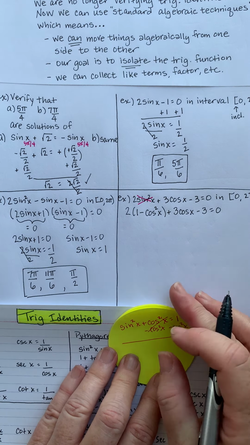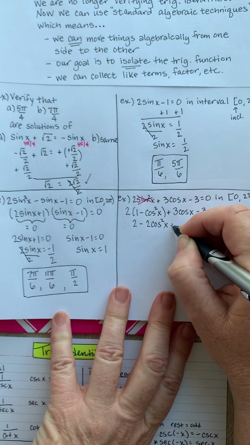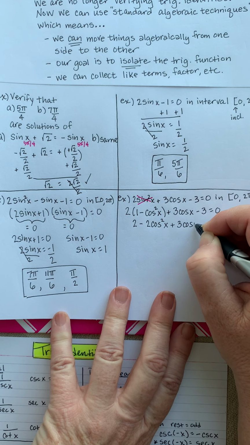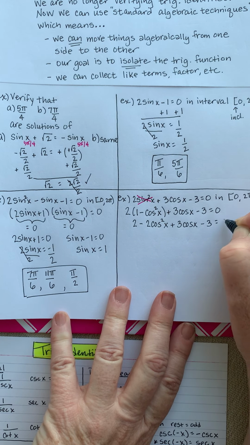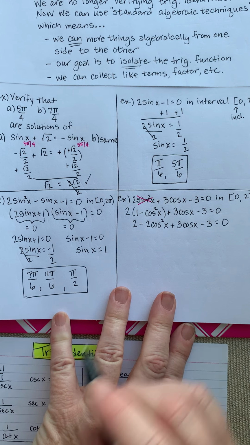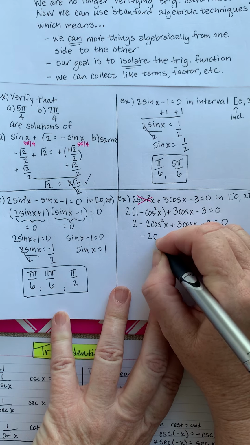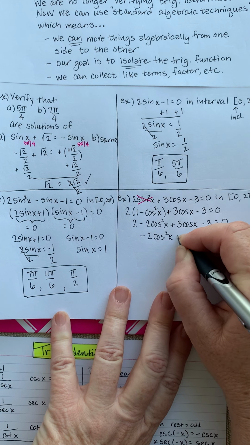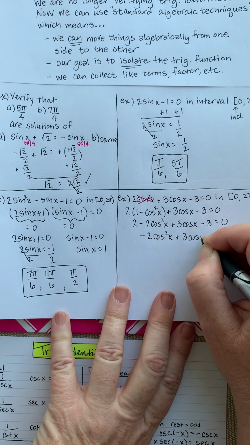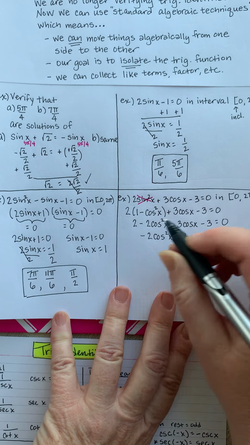Now I'm going to act like this is algebra, and I'm going to simplify this side. I'm going to distribute this 2. I'm going to combine like terms. Two minus 3 is -1.